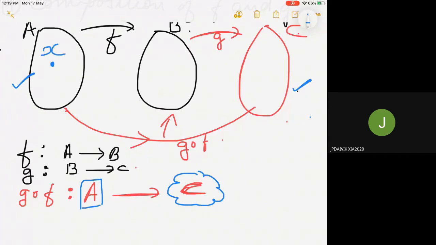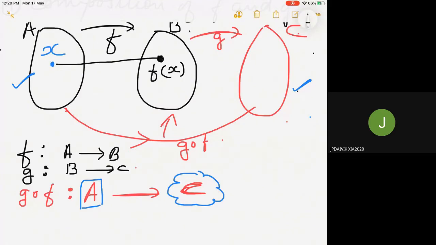Now you have to tell me what can be the image of x under the function g o f. Before that, go to the functions f and g. f is a function from A to B, so definitely x will have an image here. This is the image of x under the function f, and we name it f(x).